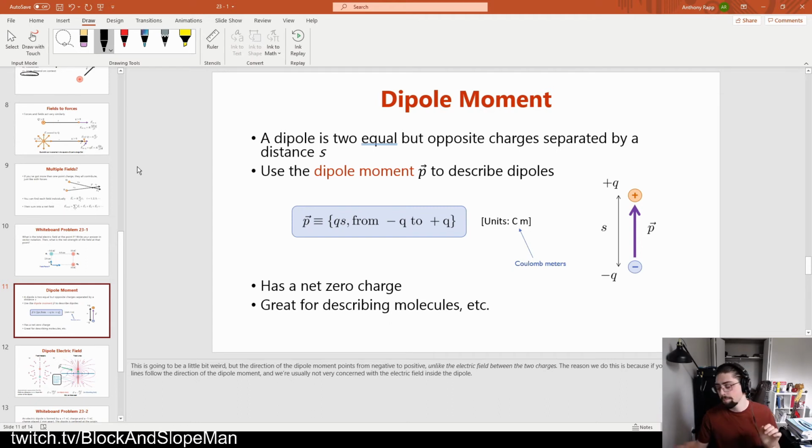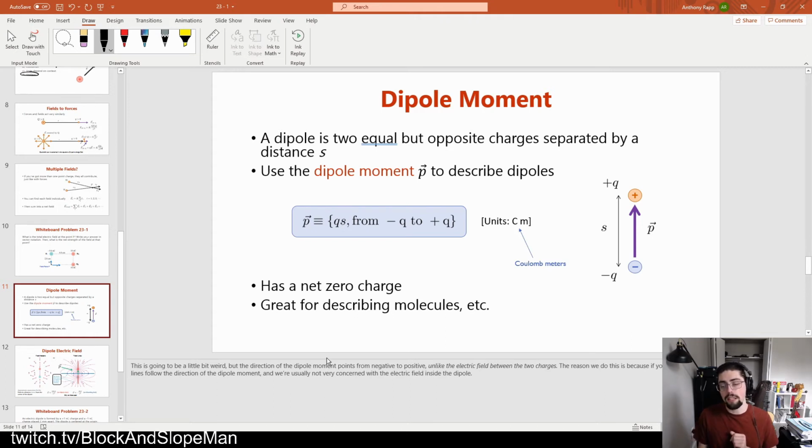It's not momentum. But the dipole moment, what you're going to do is you're going to take two charges, positive q and negative q. So same magnitude, but flipped, right? Maybe it's 1 nanocoulomb and negative 1 nanocoulomb, or 10 and minus 10, or 500,000 and negative 500,000, whatever it is. They are equal but opposite, and they are separated by a distance s.